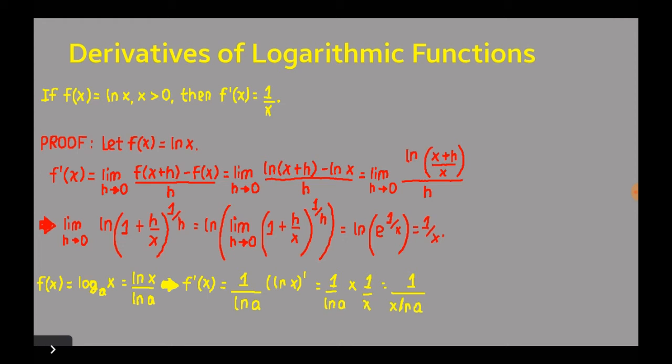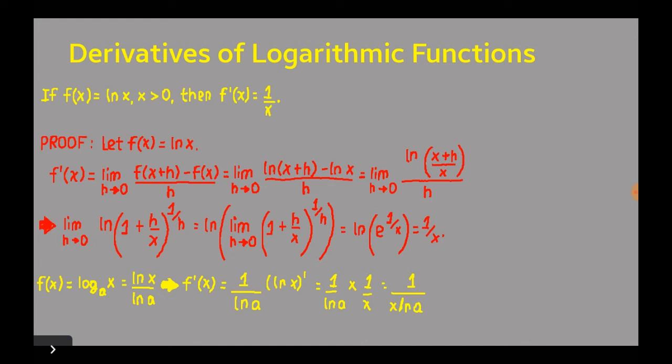F derivative at x is the limit as h approaches 0 of f of x plus h minus f of x over h, which is the limit as h approaches 0 of ln of x plus h minus ln x over h, the limit of ln of x plus h over x, over h.